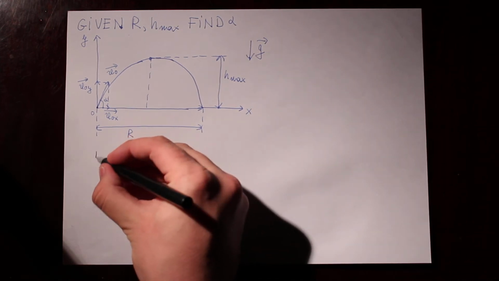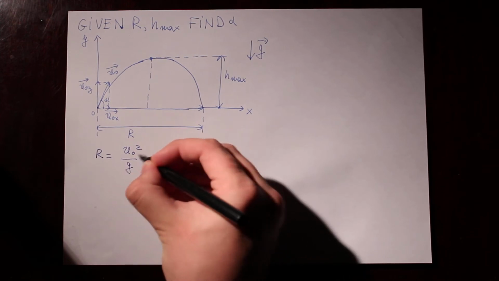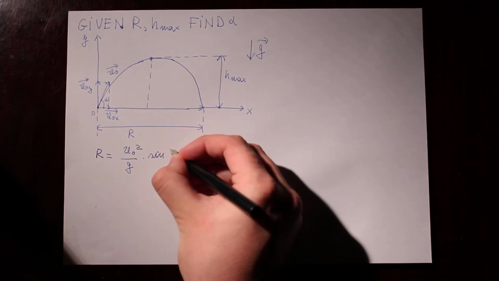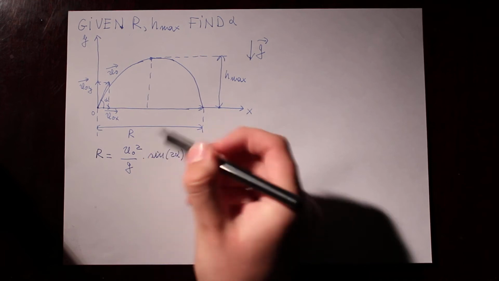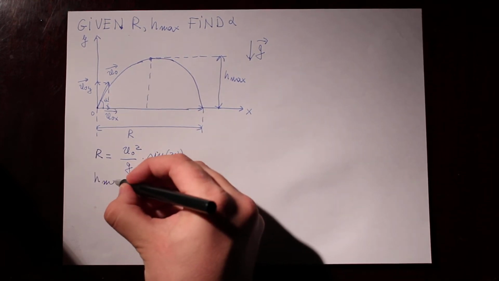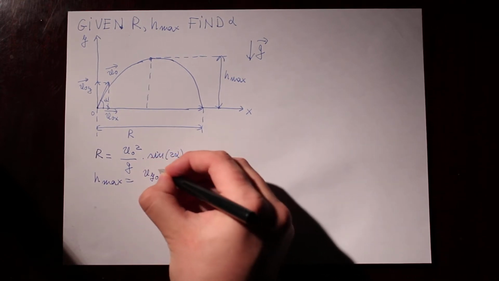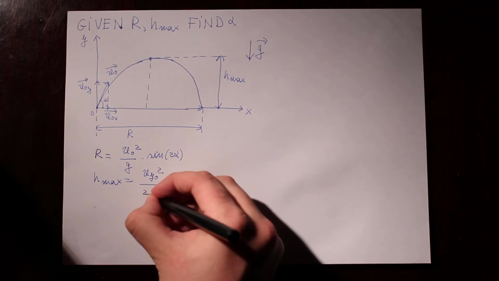Now the formula for r is v0 squared divided by g times sine of 2 alpha, where v0 is the initial velocity. Now the formula for h sub max is h sub max equals v sub y sub 0 squared divided by 2g.